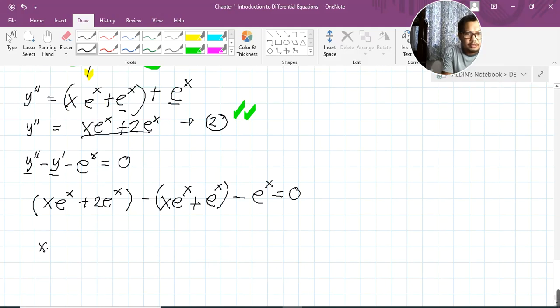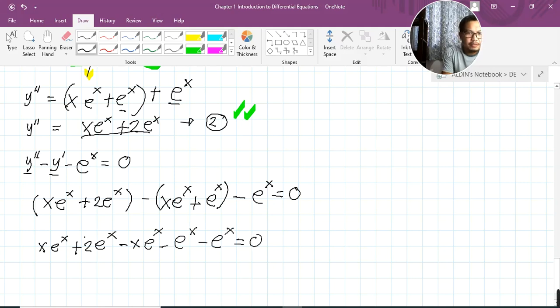So, this is now x e raised to x plus 2 e raised to x minus, distribute the negative sign inside the parentheses. Negative times x e raised to x is negative x e raised to x. Then negative times positive will be negative, so minus e raised to x. Then copy the e raised to x. This is equal to 0.